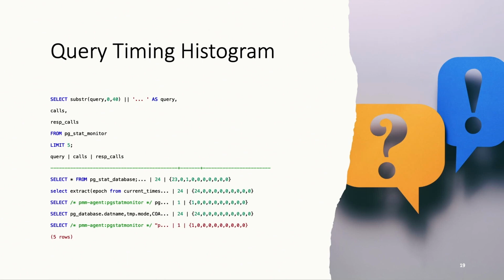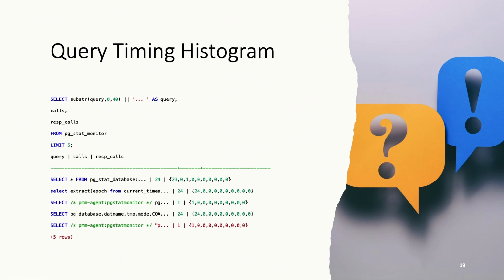You want to see a histogram. You can configure that I can have a 10 value histogram, per minute, per second, or per millisecond. Suppose this is 1 millisecond, this is 2 millisecond, 3 millisecond, 4, 5, 6, 7, 8, 9, 10 millisecond.